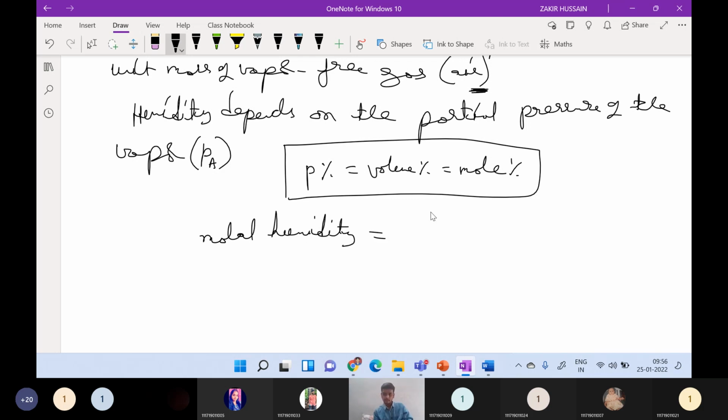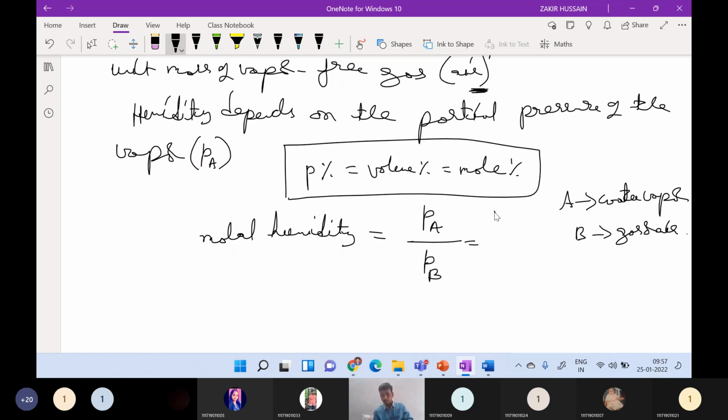Molar humidity is nothing but the partial pressure of water vapor, where A is water vapor and B is the inert gas or air. So PA, the partial pressure of water vapor, divided by PB, the partial pressure of gas.